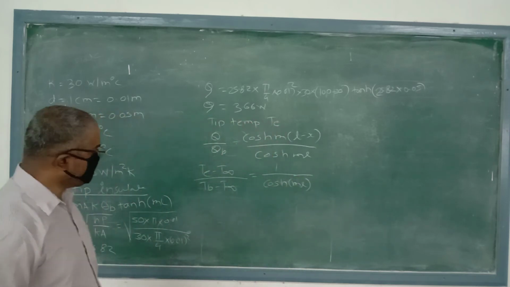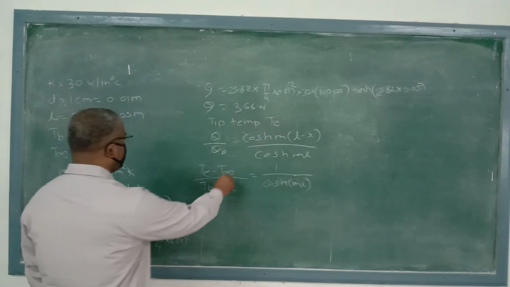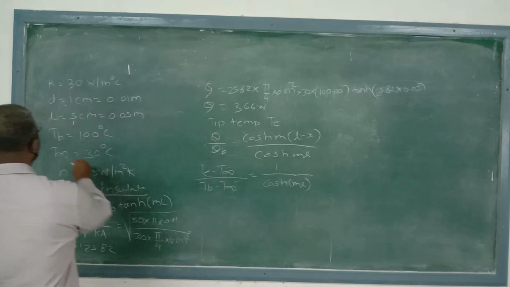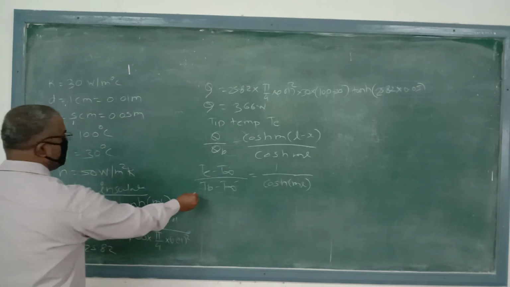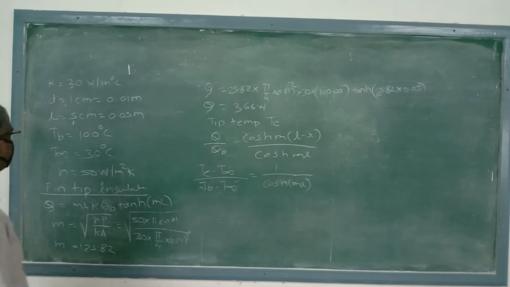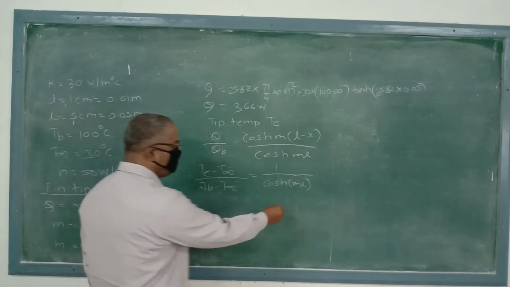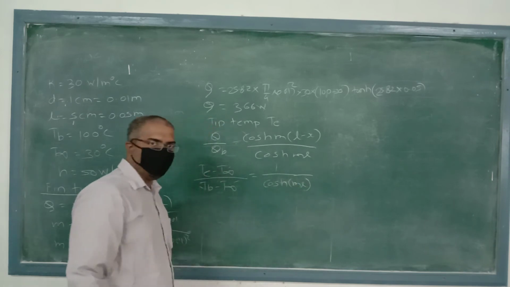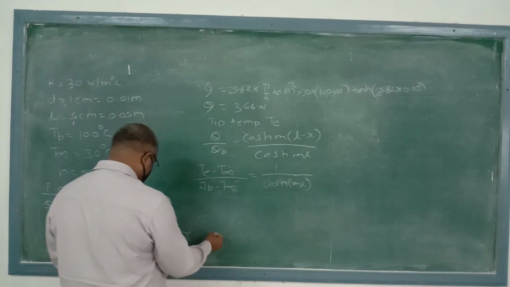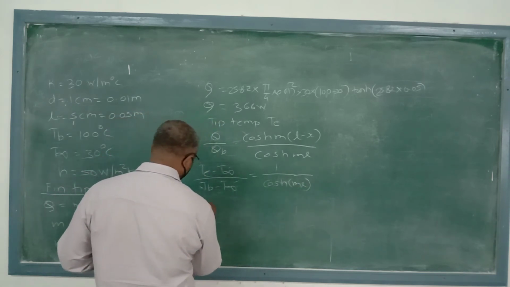Now we are going to substitute all the temperatures. T infinity they have mentioned here. We can substitute the temperature of the base they have mentioned, the value of m we have found, and the length they have given. So we can substitute all the values.